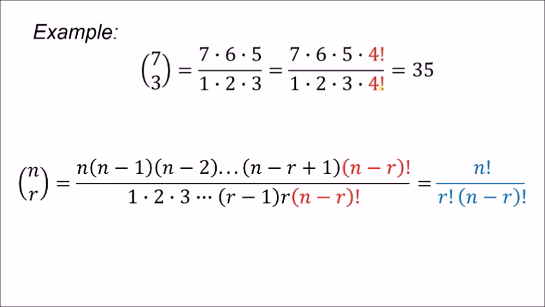The concept is that we completed the numerator down to 1 to make it 7 factorial, that is 7 times 6 times 5 times 4 times 3 times 2 times 1. And since we multiplied by 4 factorial in the numerator, we also have to multiply by 4 factorial in the denominator to balance the equation. It will not affect the value, since we are just multiplying by 1. That is still equal to 35. Why did we do that?